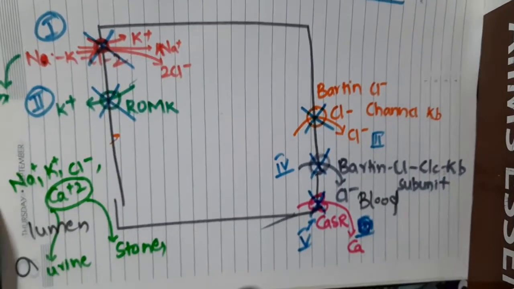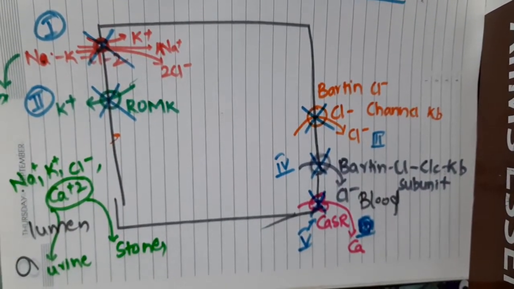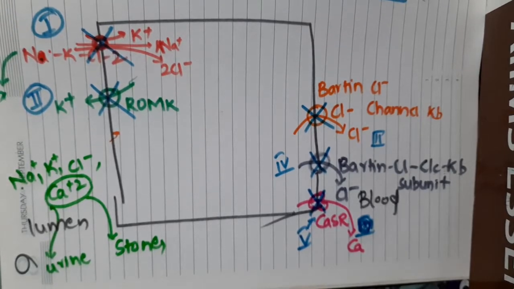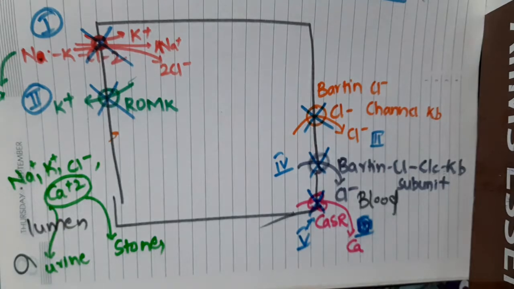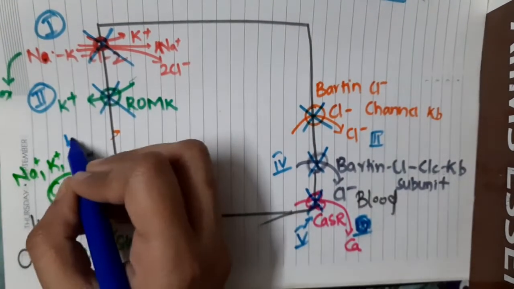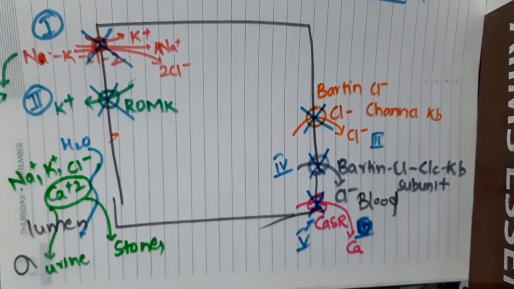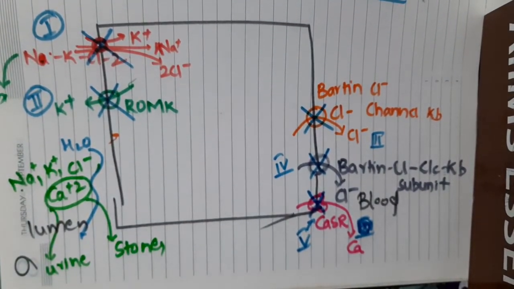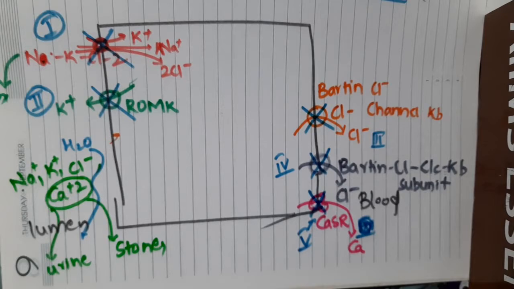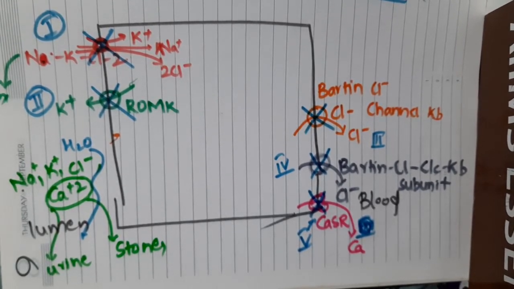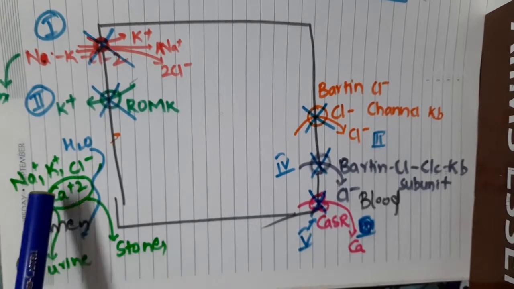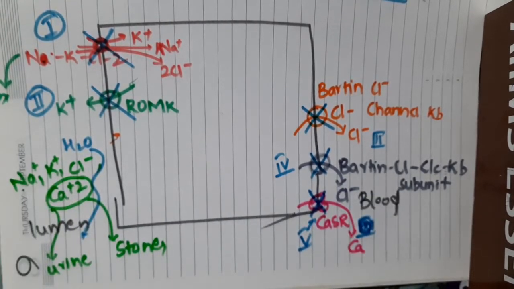Here they present with polyuria, because along with these ions, even water is taken along with them. Because they take water along with them, this will result in polyuria. Because of polyuria, the baby will have polydipsia also, and there is hypokalemia and hypochloremia.